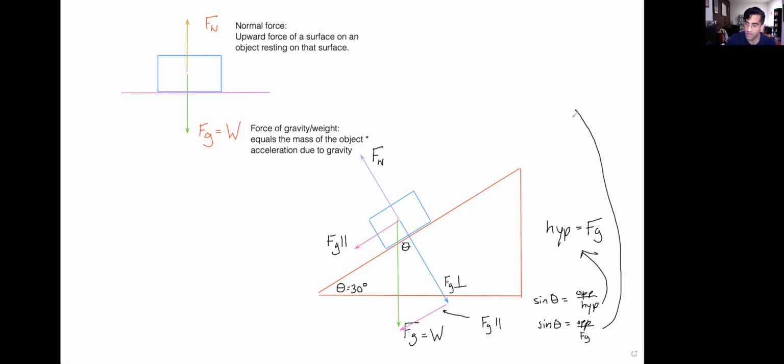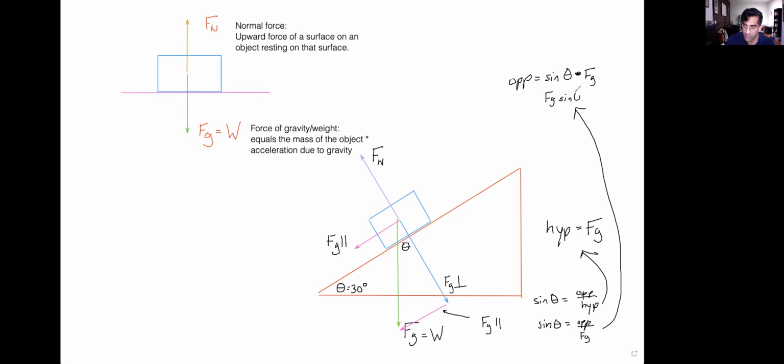Therefore, if I work this out, and I'm going to do it up here because I'm running out of room, I can say that the opposite leg, if I multiply both sides by F sub g, is equal to sine of theta times the force of gravity. We usually write it the other way around, so I'm going to rewrite it right below.